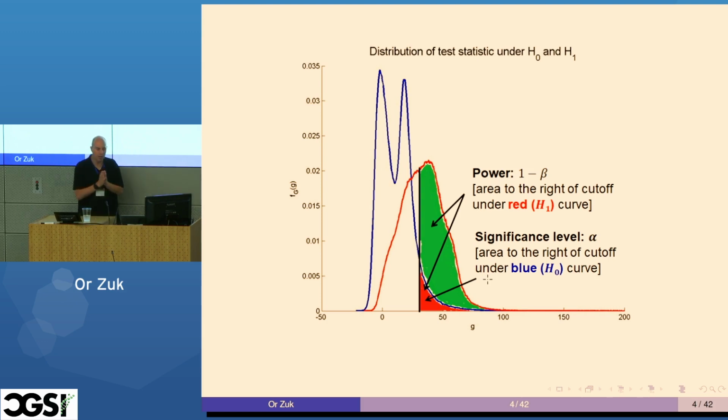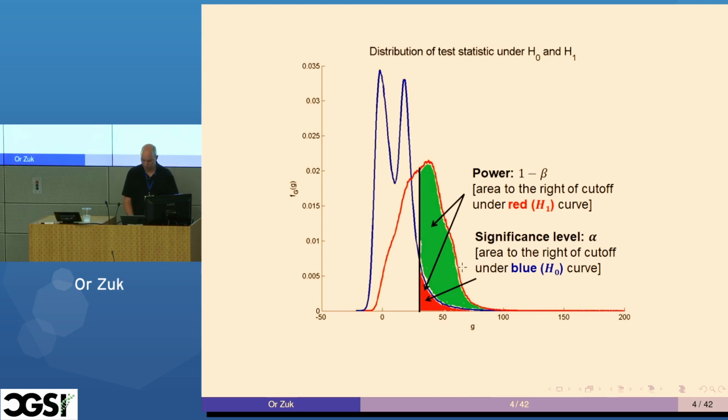Under H1, it's the red distribution, and we have some threshold here, and we're going to reject the null hypothesis if our test statistic is larger than this threshold. And right now, what is our error? The red area here, that's our type 1 error, right? Because it's the probability under the null, under the blue curve, that we're going to reject. So we want to make that small.